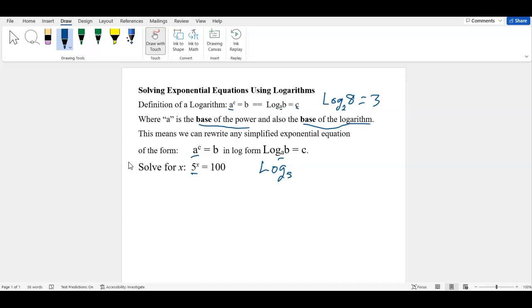And notice that x is the exponent in this expression, so x will go here, and then the 100 is what's called the argument of the logarithm. So it's the log base 5 of 100 is equal to x. So actually, we have our solution. It's just that simple. X is equal to the log base 5 of 100.